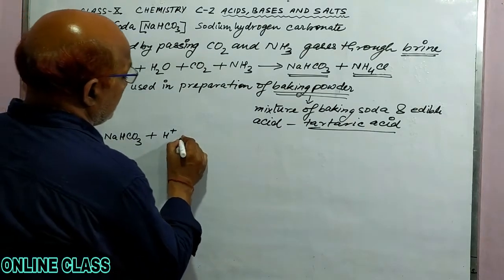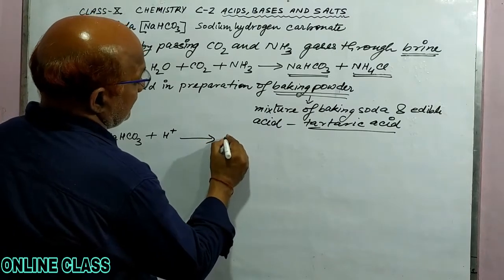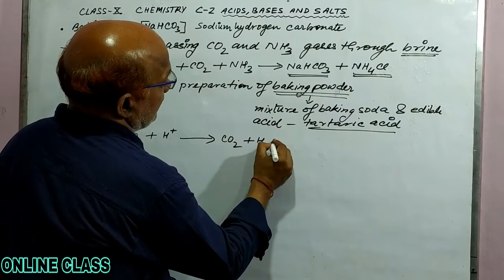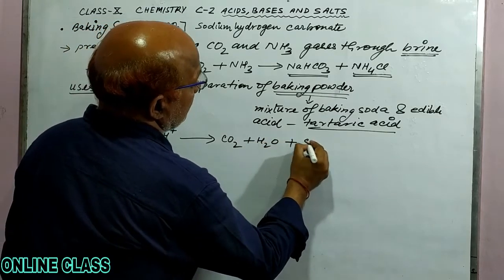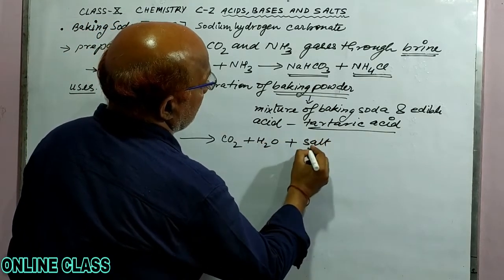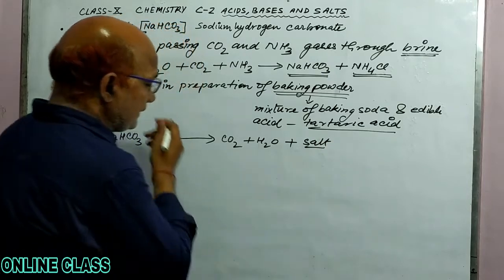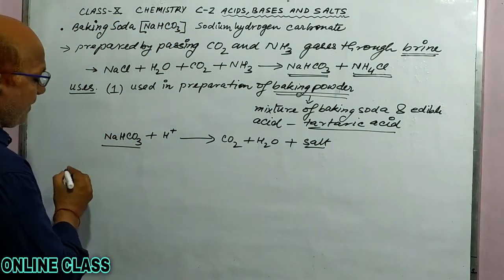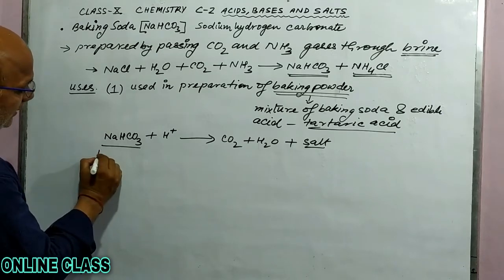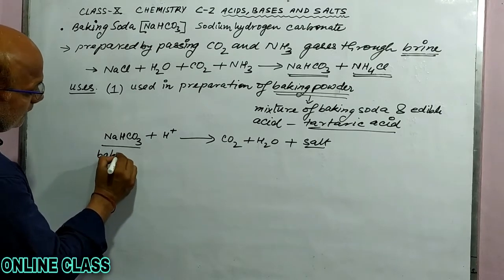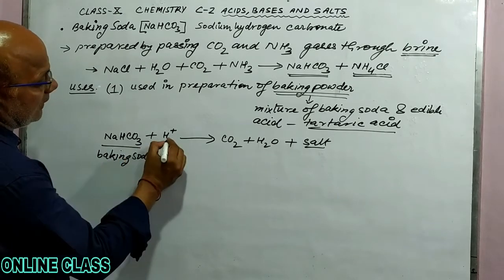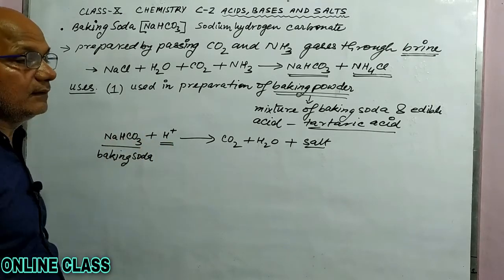So, it reacts and carbon dioxide, water and salt of that acid is produced. Okay. So, this is baking soda, and this is hydrogen ion.